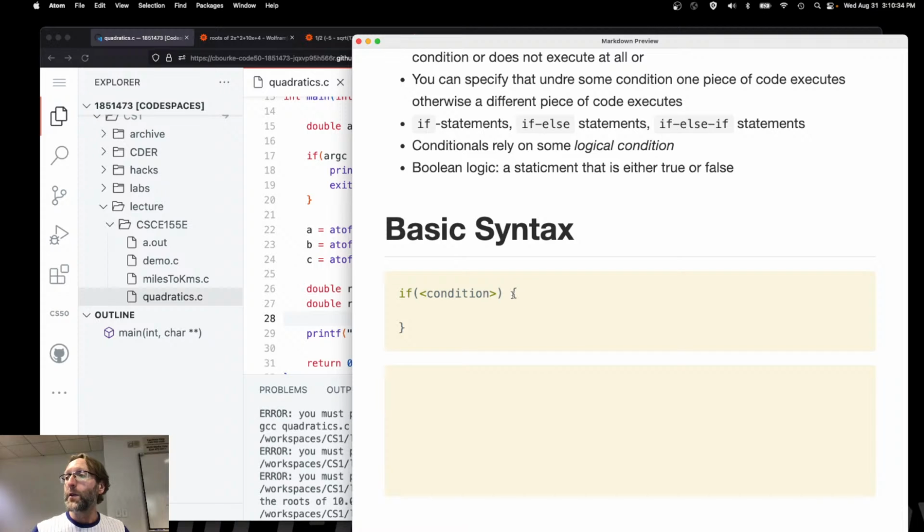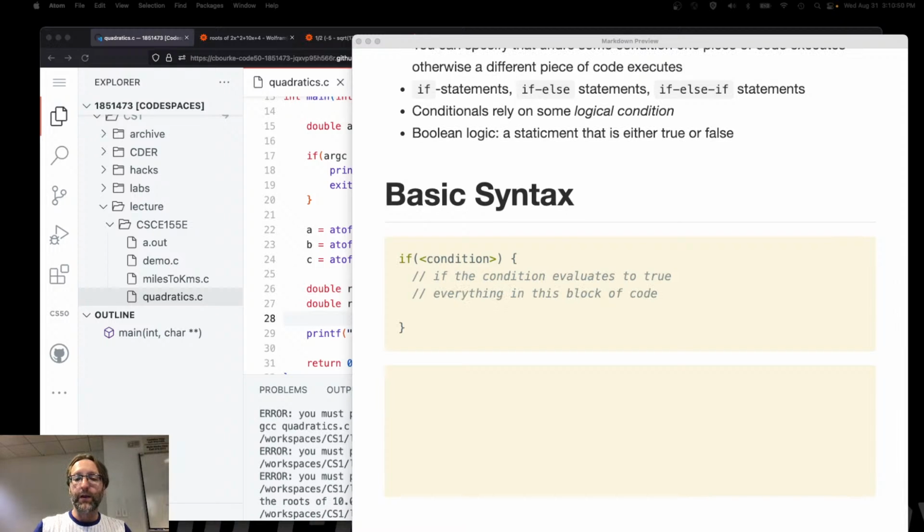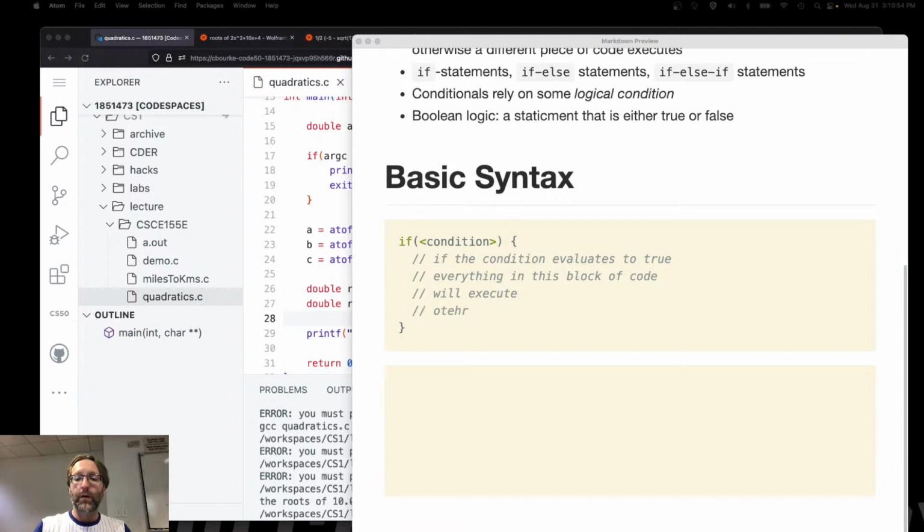You have an opening curly bracket and a closing curly bracket. And anything in there, if the condition evaluates to true, everything in this block of code will execute. Otherwise, none of this code will execute.